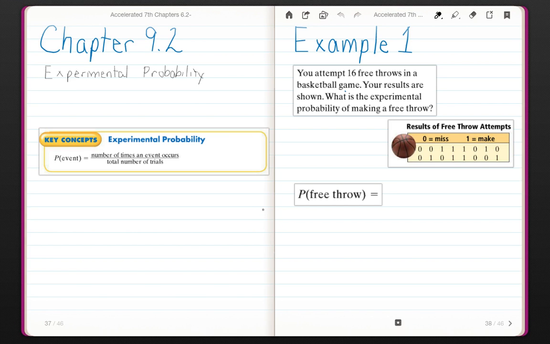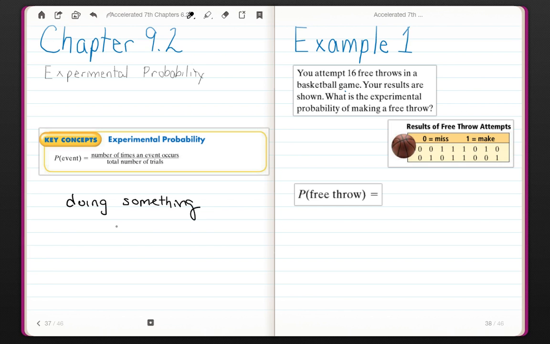Chapter 9.2, Experimental Probability. Experimental probability is different from theoretical probability in that you're actually doing something. You are actually trying various things. You're flipping the coin, you're tossing a dice, you're making a free throw from example 1.